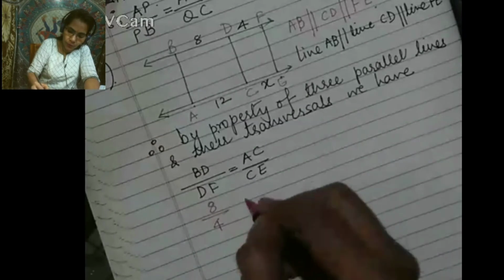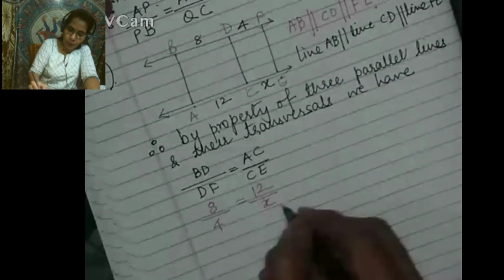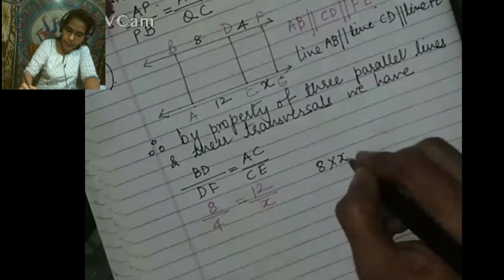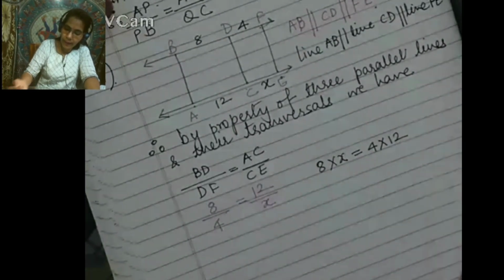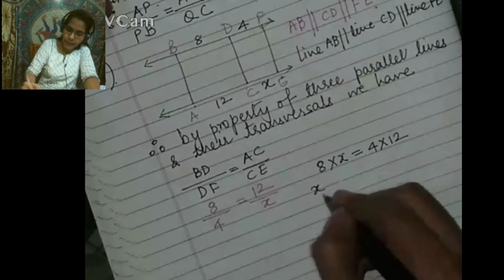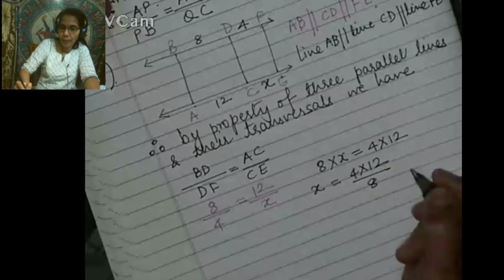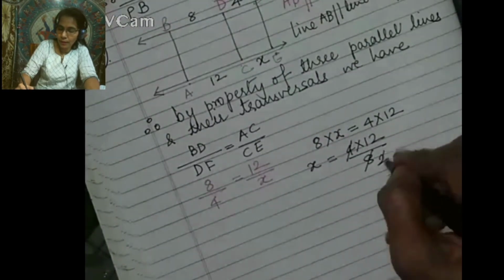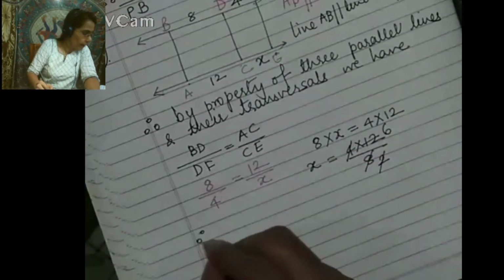Eight upon 4 is equal to 12 upon X. Cross multiplying, 8 multiplied by X is equal to 4 multiplied by 12. X is equal to 4 into 12 upon 8. 4 ones are 4, twos are 2, ones are 2, six.